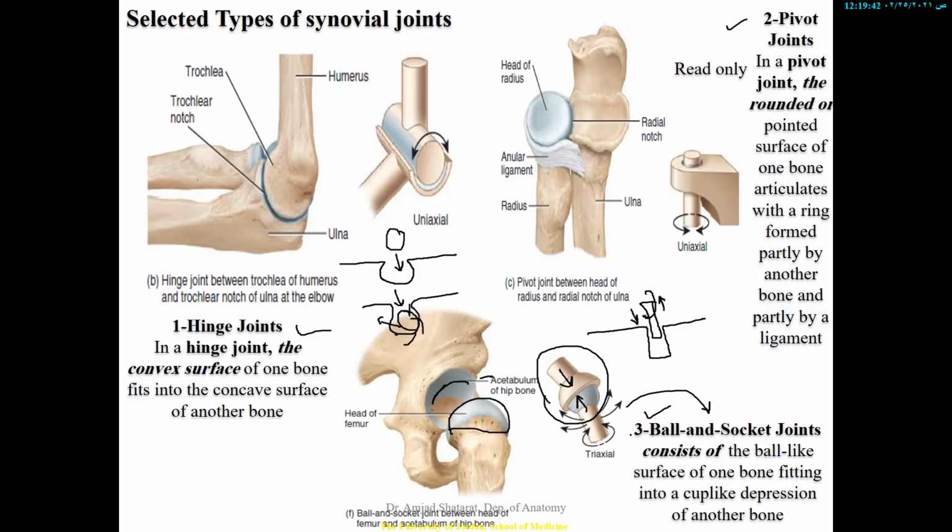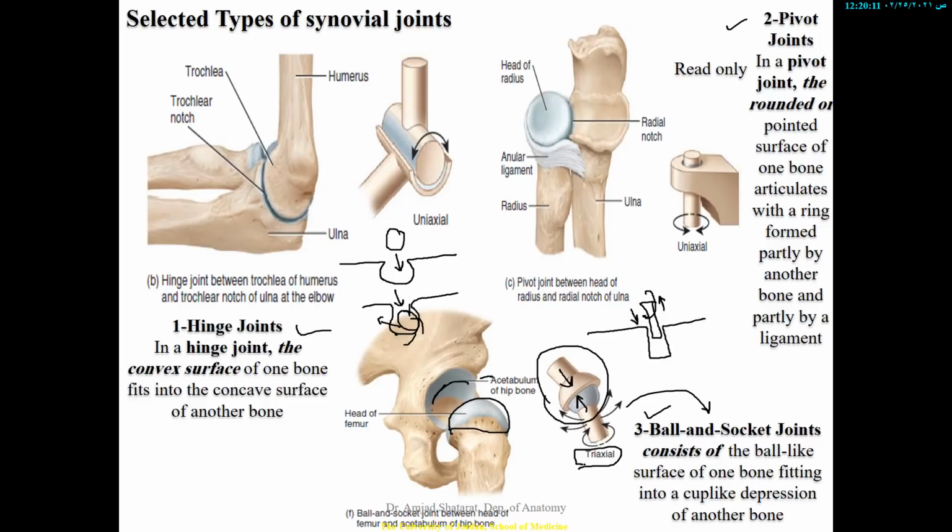What do you think about the hip joint in this case, how many movements can it perform? It would perform of course all movements. It is a triaxial joint, three axes. That is flexion and extension, that is one axis; adduction and abduction, another one; and medial and lateral rotation is the third one.